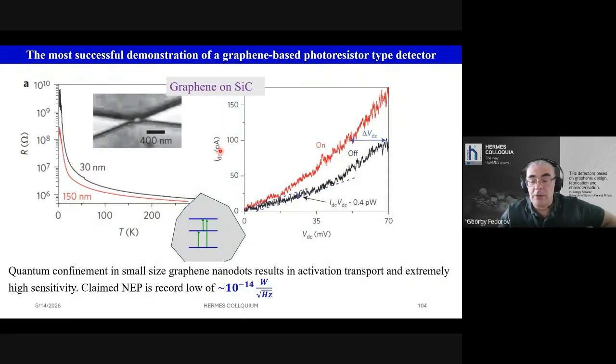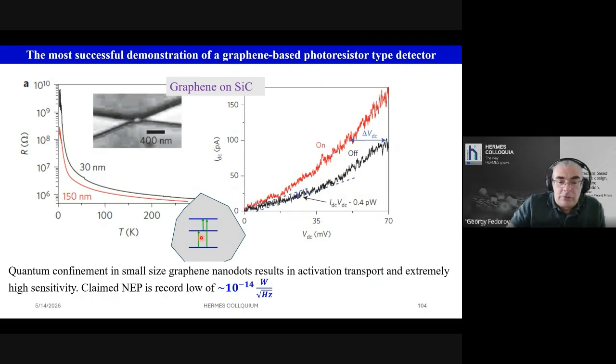Graphene itself, being a gapless material, has resistance that is not very sensitive to temperature. But if you confine carriers inside a small structure, the energy of the carriers is quantized, and therefore the transition from valence to conduction band happens via excitation, not light-induced excitation, but via temperature.